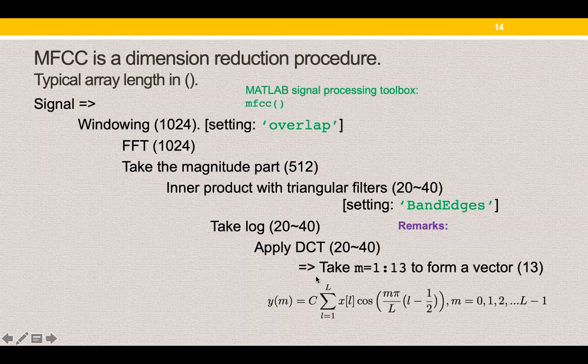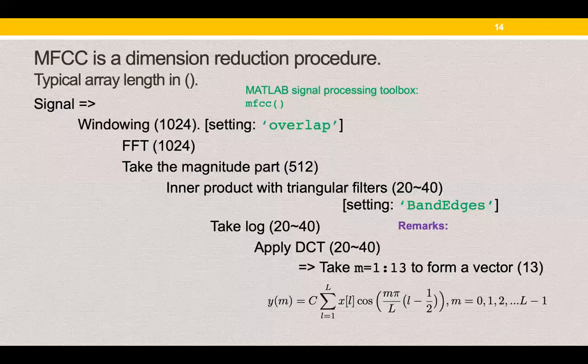But traditionally, people take the first 13 coefficients, and these are called the MFCC, the Mel-frequency Cepstral Coefficients. We often take the first 13 of them, from m equals 1 to m equals 13. Any questions here?